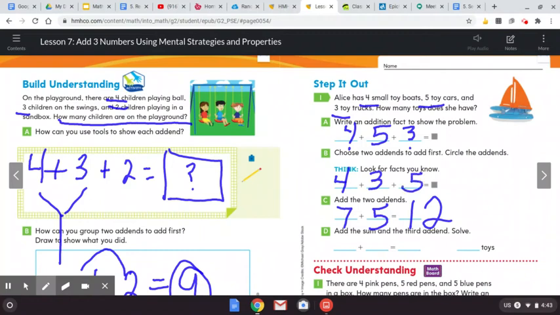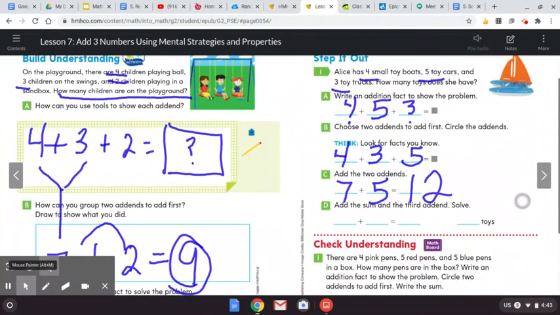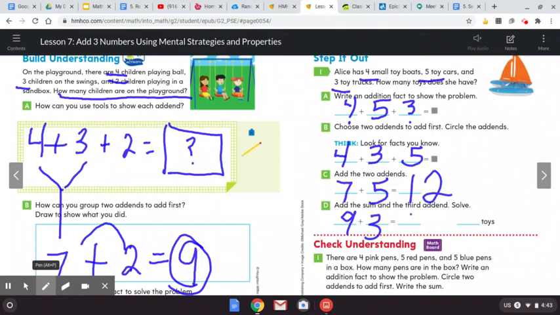Think of another way that you could group these together. 4 and 5, 9, plus 3 is 12. So it's still 12 toys, no matter how you put them in order.